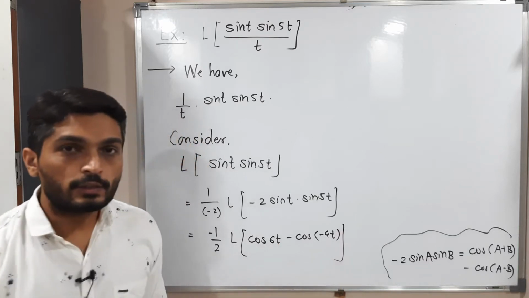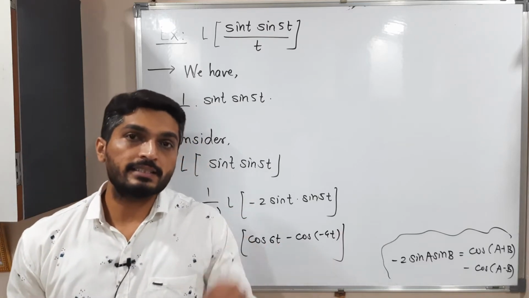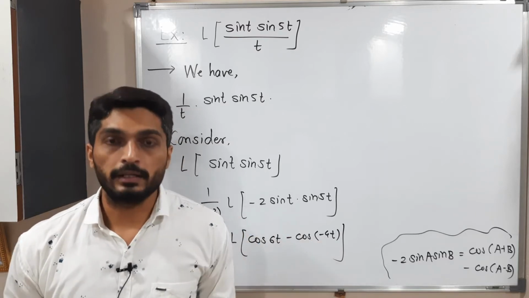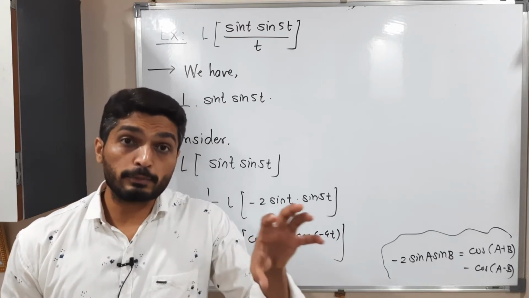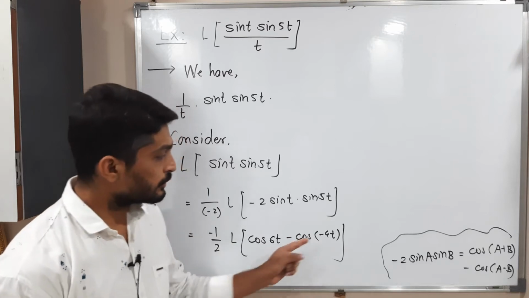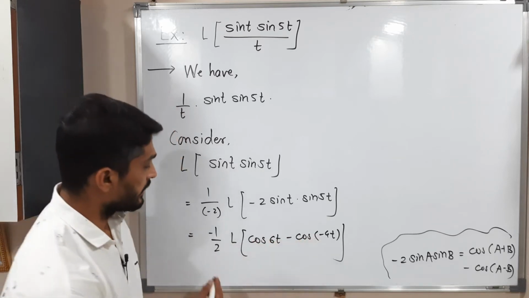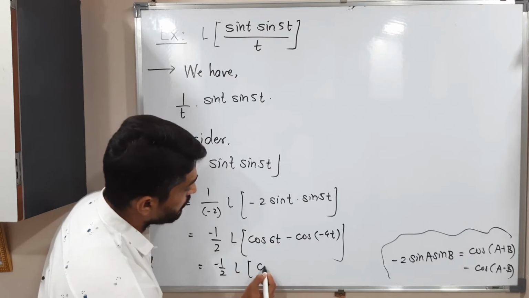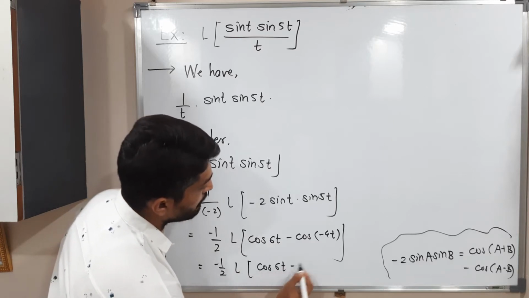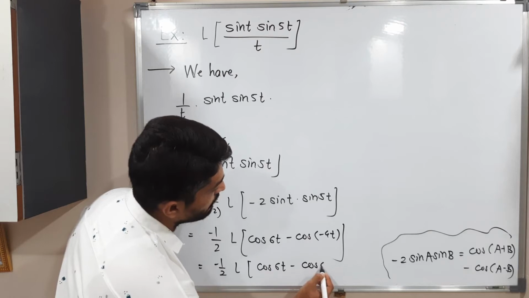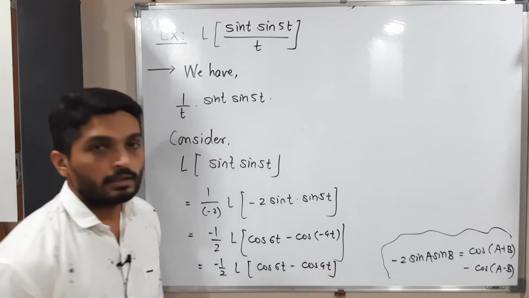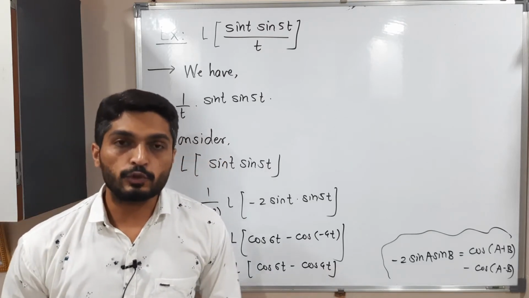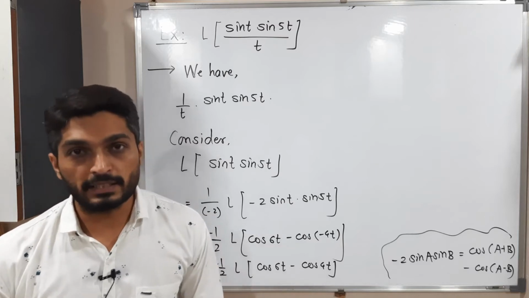You know that in case of sine, if there is a minus sign inside, it comes outside. But in case of cos, cos absorbs that minus sign. So we will have minus 1 by 2 Laplace of cos 6t minus cos 4t. Simply subtraction is there, so that means we can take separate Laplace transform.